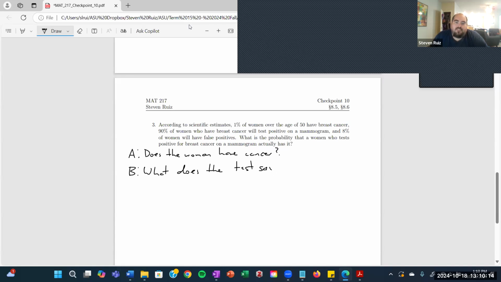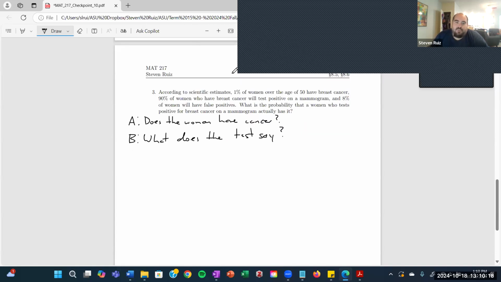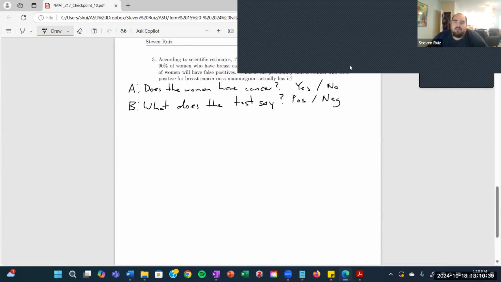So these are the two questions that we're going to build our tree diagram off. So what are the two options here? Yes, no. And what does the test say? Positive or negative. So let's set up the tree diagram along those lines.